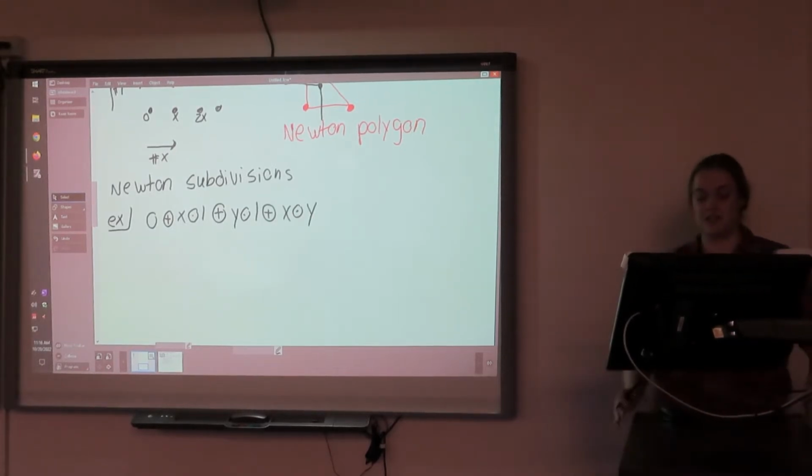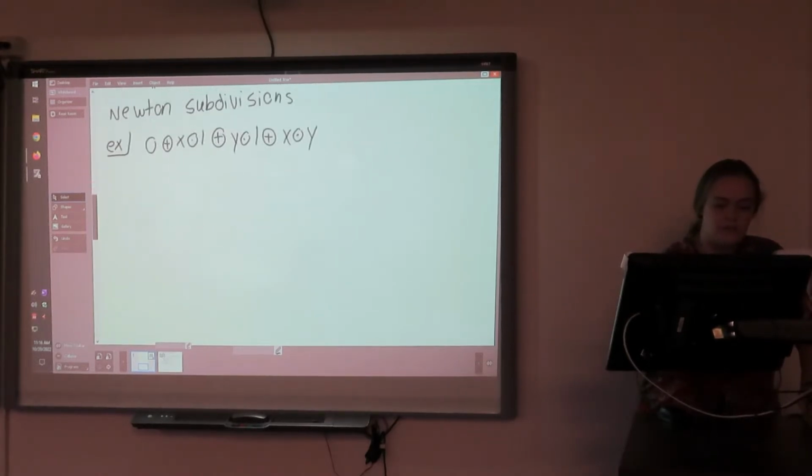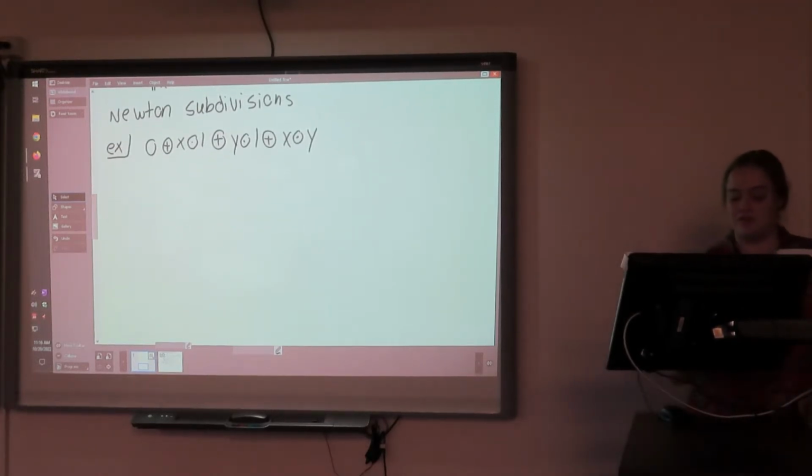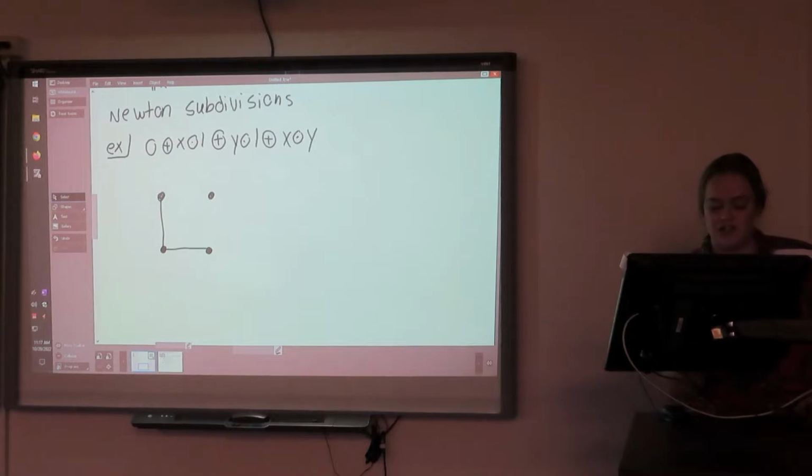And so we can draw our Newton polygon. We have our 0 vertex, our x vertex, our y vertex, and our x plus y vertex. So our Newton polygon is this square.